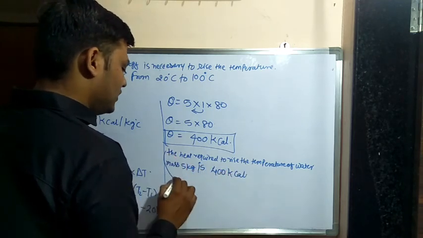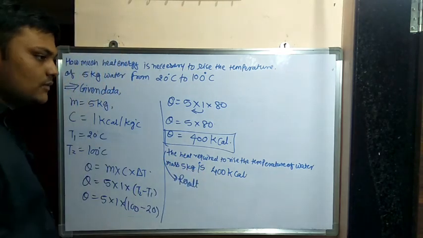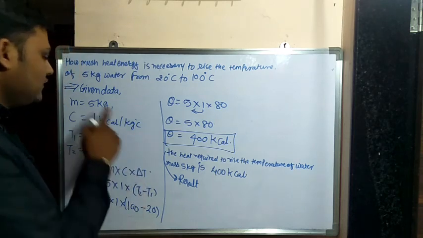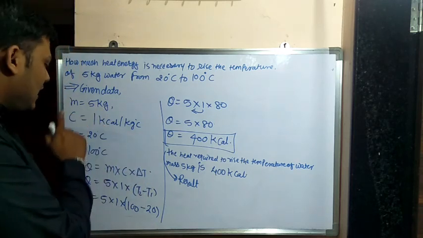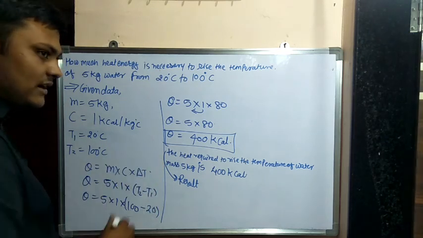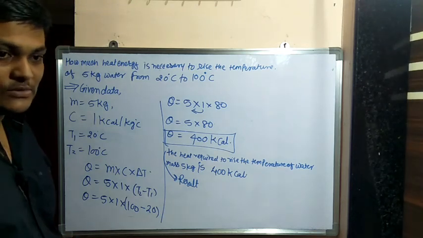This is the result. Do you get the procedure, beta? First of all we write down the given data, afterwards we do the calculation, and at the last we write down the result. I hope you understand this, students.